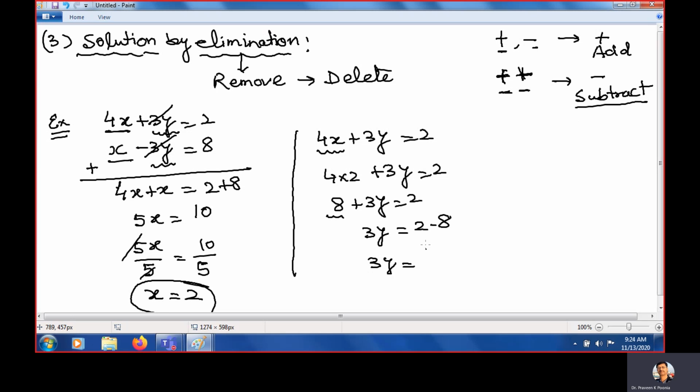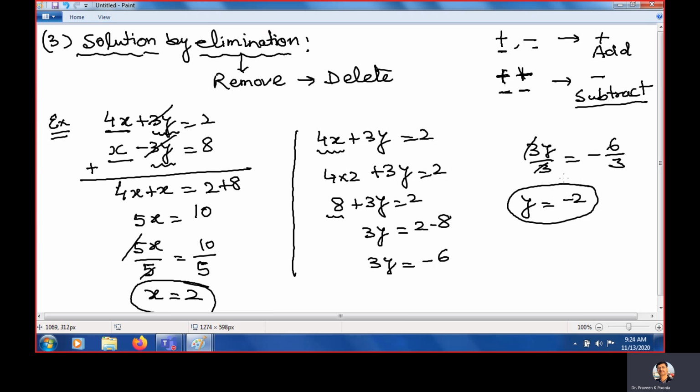So 3y equals to 2 minus 8, which is minus 6. Divide by 3. 3y upon 3 is equal to minus 6 upon 3. This 3 cancels, y equals minus 6 upon 3, which is minus 2. So the value of x is 2, y is minus 2.